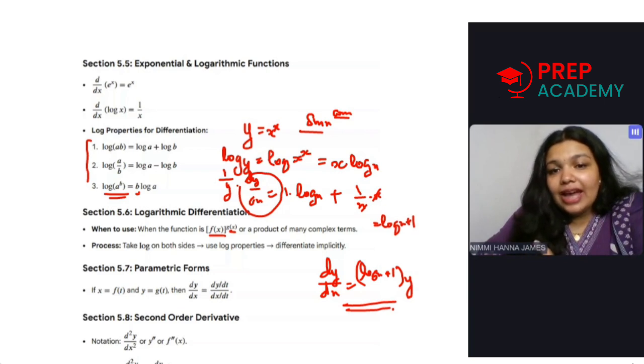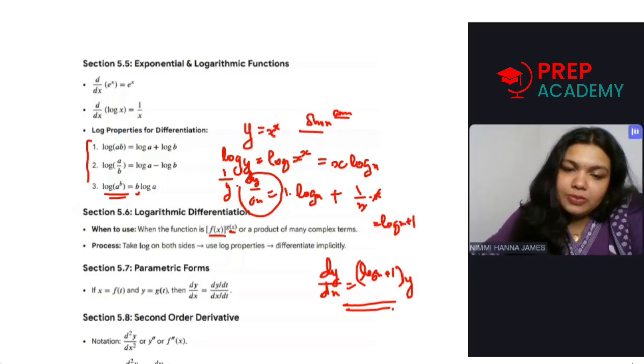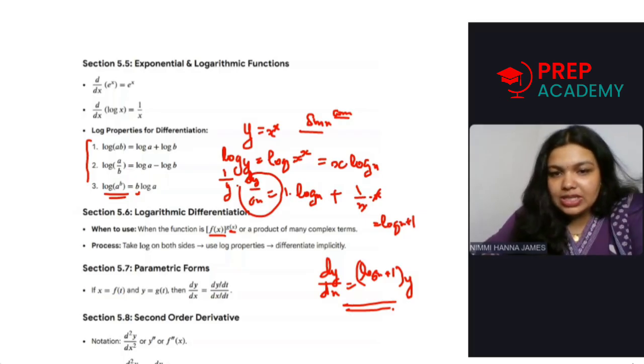Also for continuous products like cos x into cos 2x into cos 3x into cos 4x and so on. And remember: log of a raised to b is b log a, log of a by b is log a minus log b, log of ab is log a plus log b.